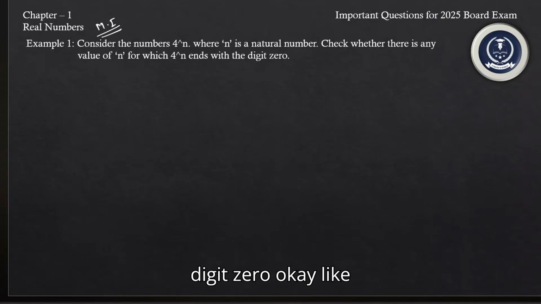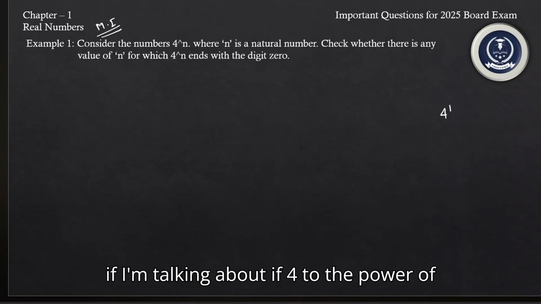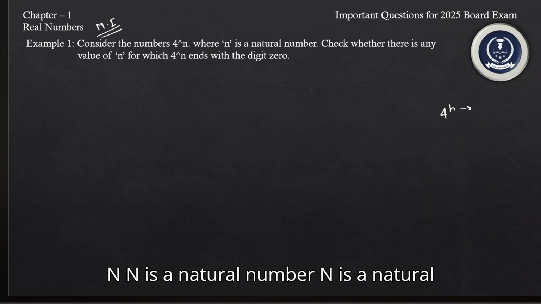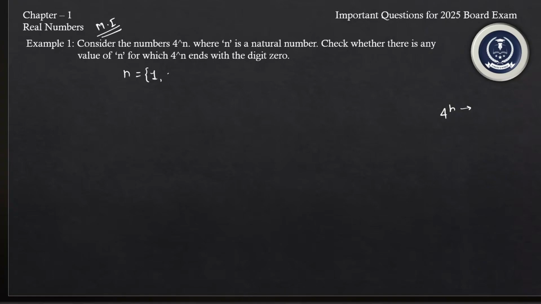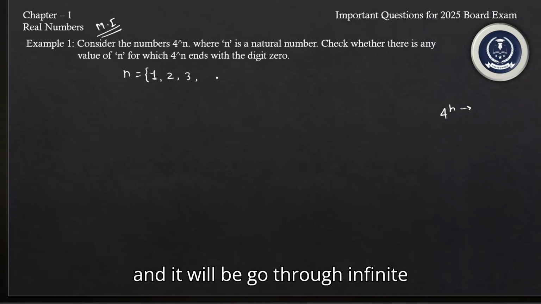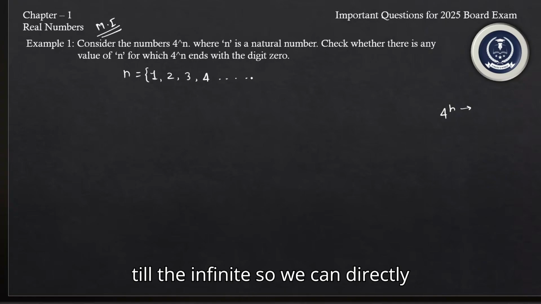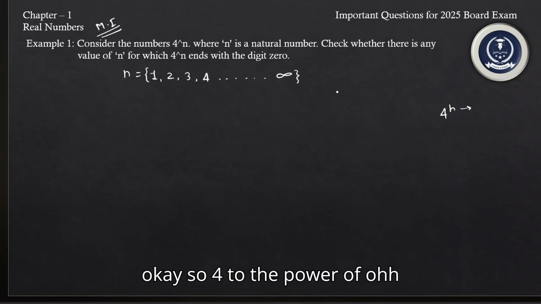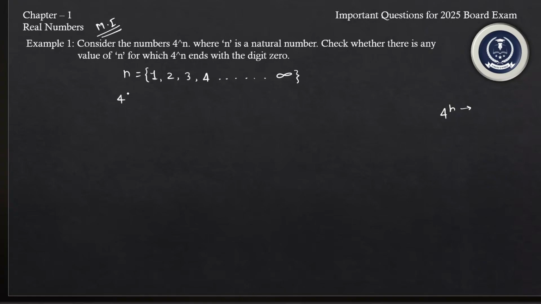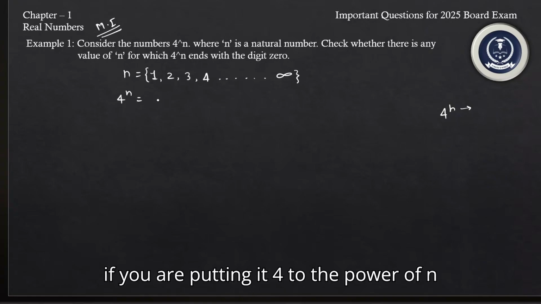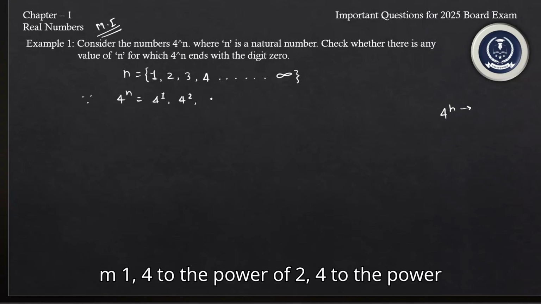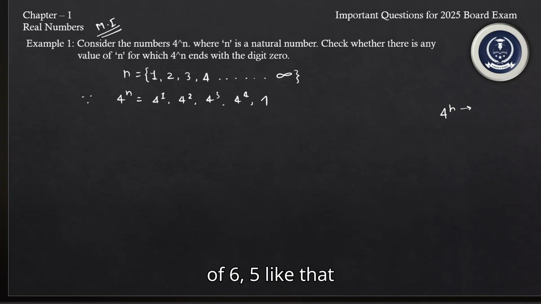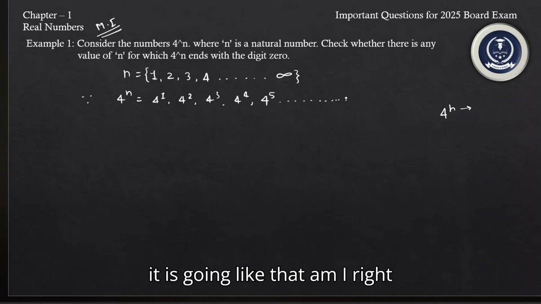You know about natural numbers: they start from 1 and go on till infinity. So 4 to the power of n means 4 to the power of 1, 4 to the power of 2, 4 to the power of 3, 4 to the power of 4, 4 to the power of 5, like that. Am I right?